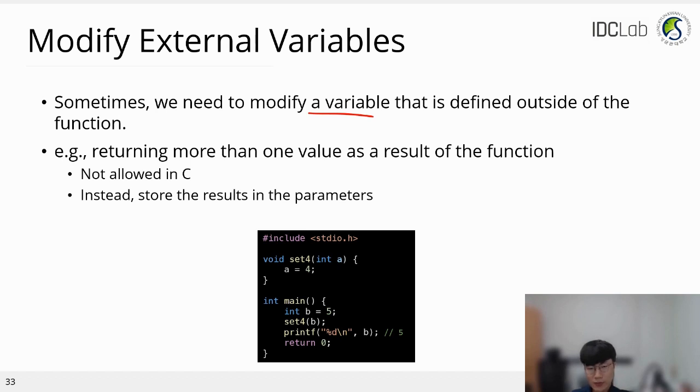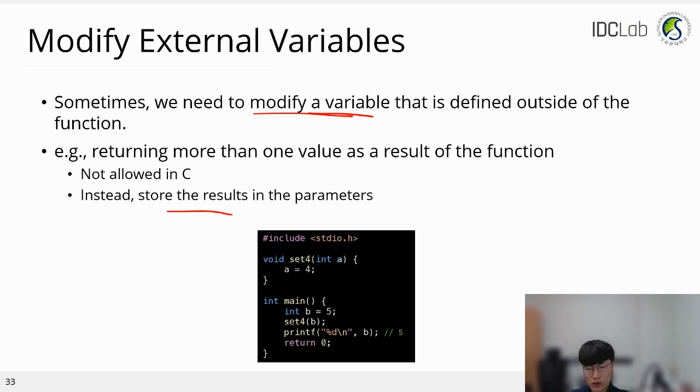But in C, a function can return either 0 values or 1 value, no 2 values. So to implement this, we store the results in the variables that are given as parameters. We will talk about this example later. But anyway, we need a way to modify a variable outside the function.